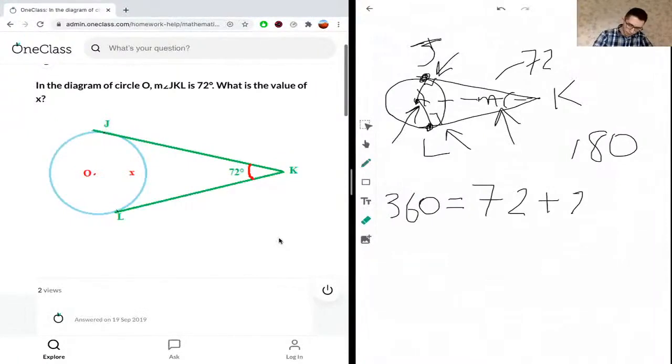Let me just write this a little smaller so it's all in one line. So we said we have 72 plus 90. We have 90 twice, so we'll just multiply that by 2. Actually, this might get confusing, so I'll just leave them separate.